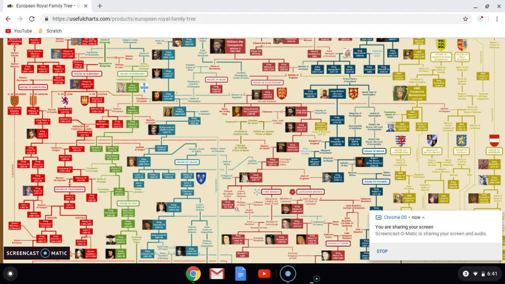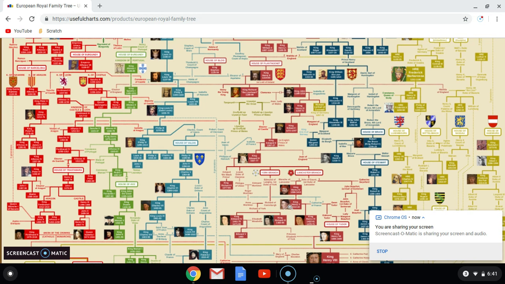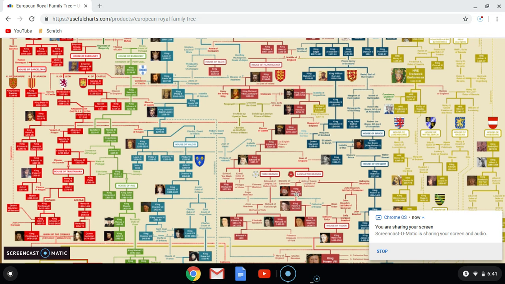However, he was deposed by his cousin of the Lancaster branch. Some people view the Lancasters as a different house, but this chart doesn't. So he is Henry the Fourth. It then goes Henry the Fifth, then Henry the Sixth, who is deposed by Edward the Fourth.